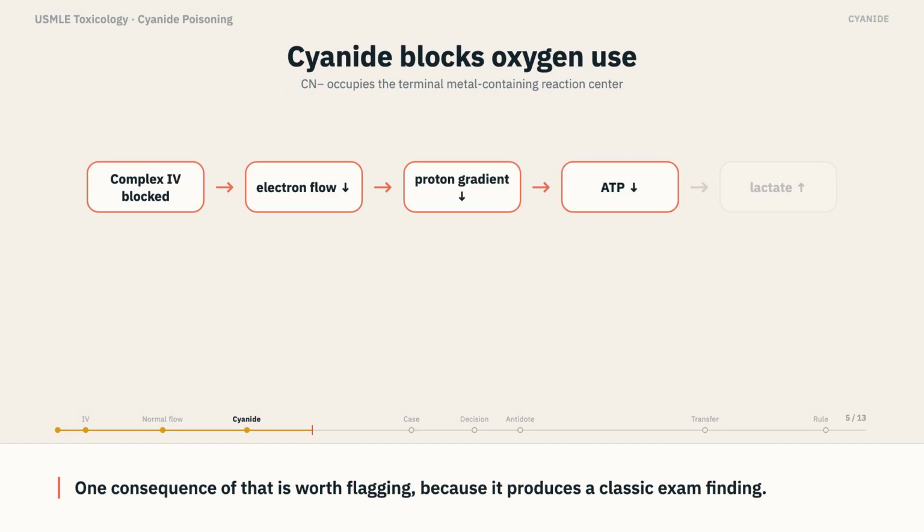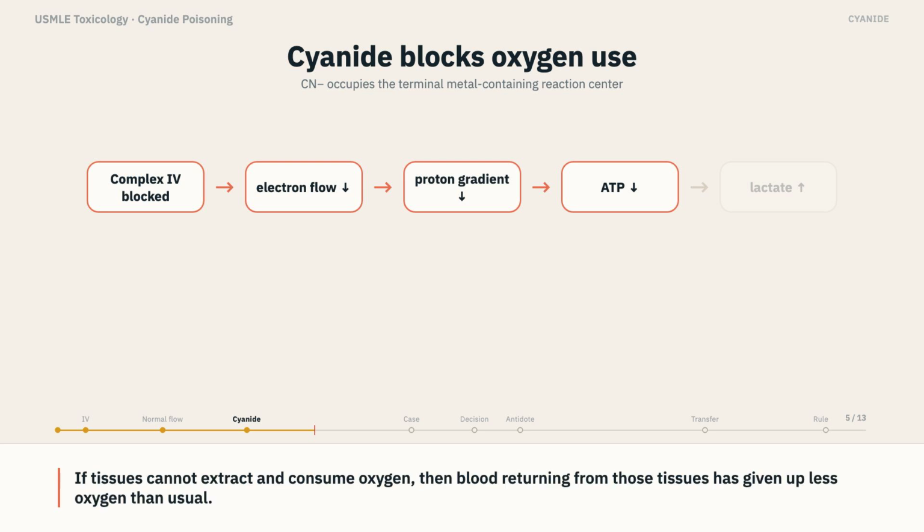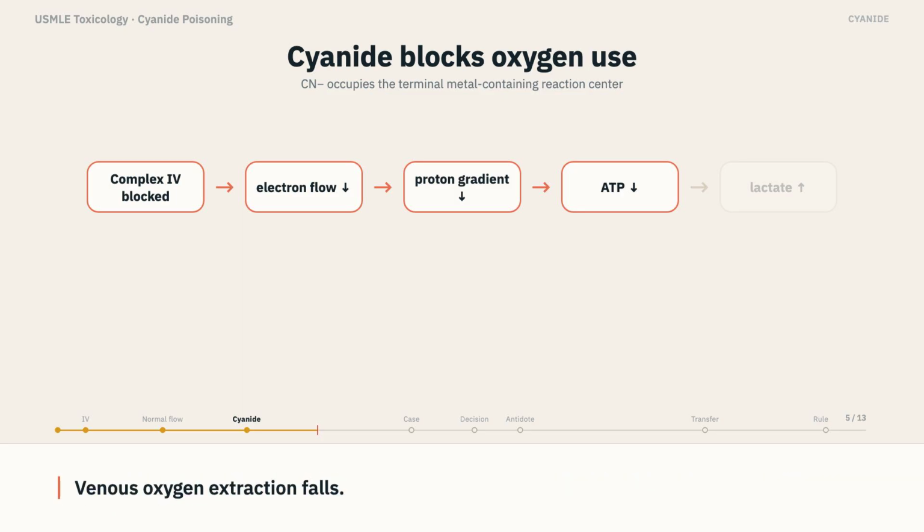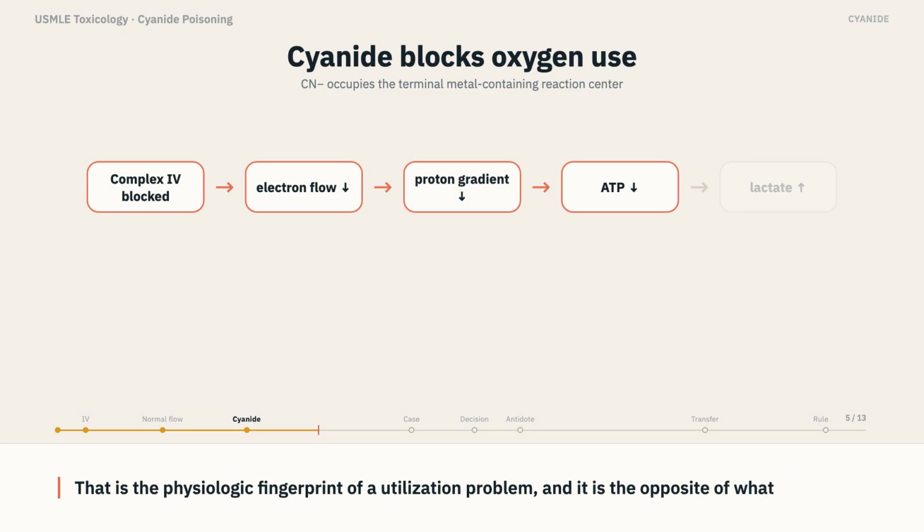One consequence of that is worth flagging, because it produces a classic exam finding. If tissues cannot extract and consume oxygen, then blood returning from those tissues has given up less oxygen than usual. Venous oxygen extraction falls. That is the physiologic fingerprint of a utilization problem, and it is the opposite of what you would expect if the tissue were desperately pulling oxygen out of a poorly delivered supply.